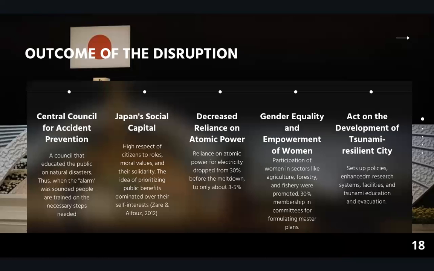So in this case, an act was legislated and they set up policies and enhanced research systems and facilities and tsunami education and evacuation in relation to the Central Council for Accident Prevention, so that the Japanese residents are more informed and more ready for such disaster.